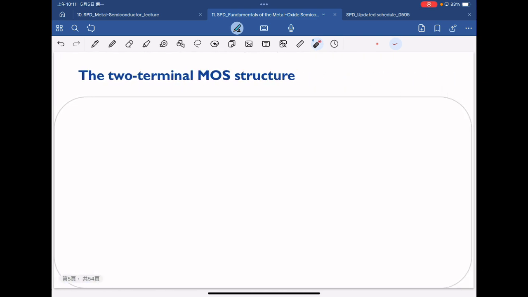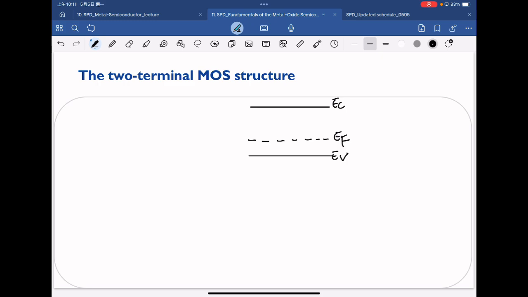So the first one we would like to introduce is the MOS structure, considering for sure in the substrate we have EC, EV, but now we consider the P-type substrate where our EF is close to our valence band, and then we have our silicon dioxide, and on top of the silicon dioxide we have the gate metal.